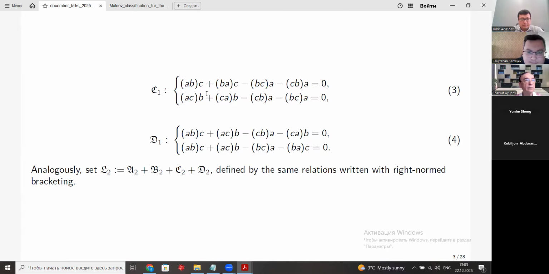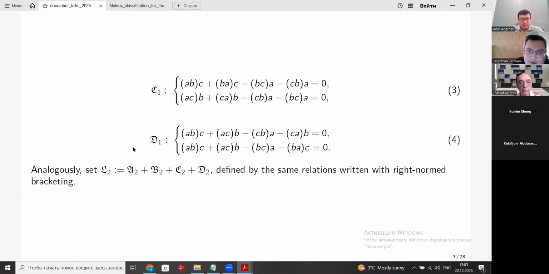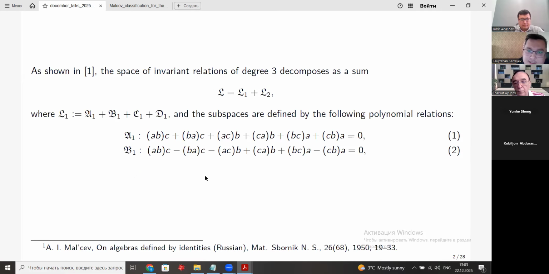Dimensions here are 1, 1, 2, 2, so the direct sum gives 6, and here also 6, and finally it gives the whole dimension of the magma algebra.